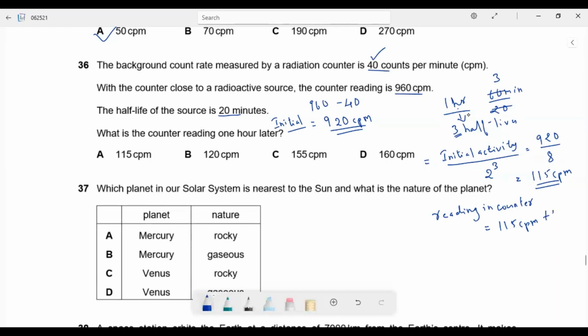So we need to add that also, 40 CPM. So we'll be getting a total of 155 CPM. This is the reading shown in counter. So the right answer is C, 155 CPM.